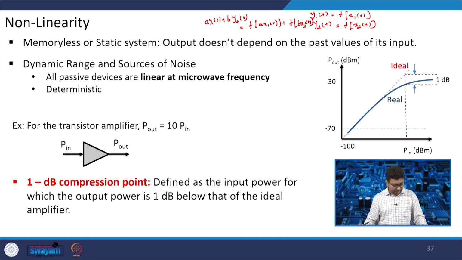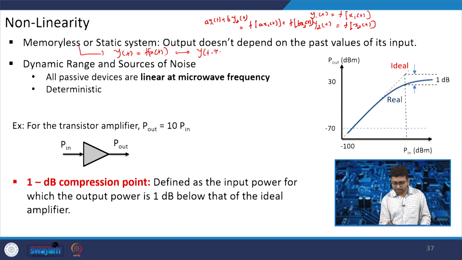Now, the condition for a memoryless system: if I have a function y(t) equal to f of x(t), then for a memoryless system, y(t minus tau) is a function of x(t minus tau) only. If the system has memory, the output does not depend only on the present value; it also depends on the past values.